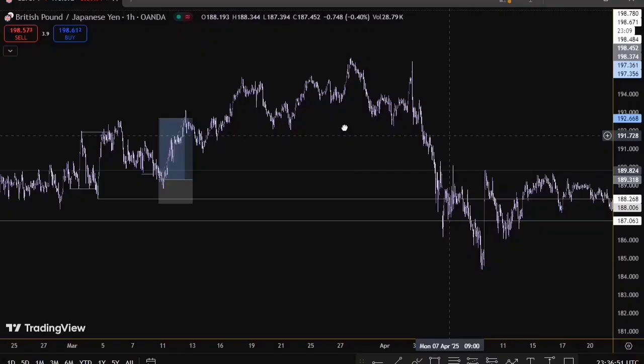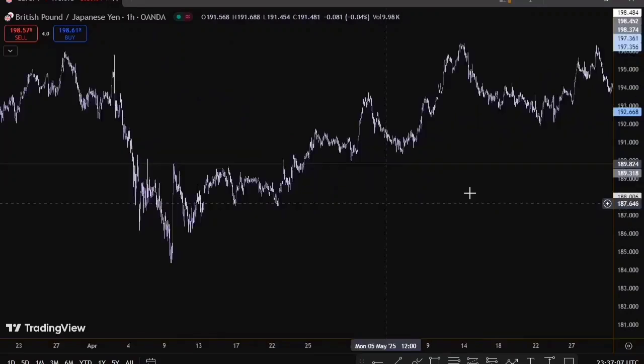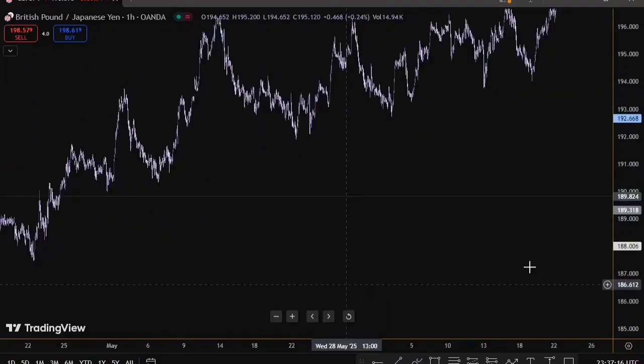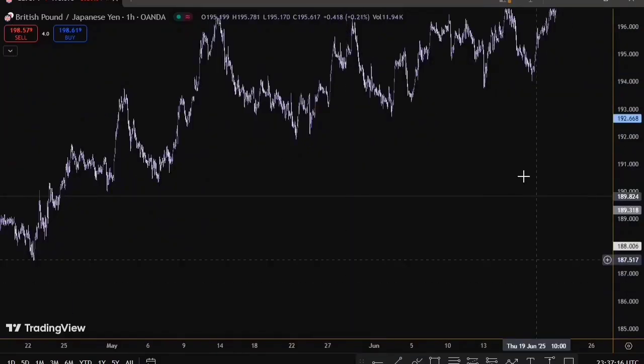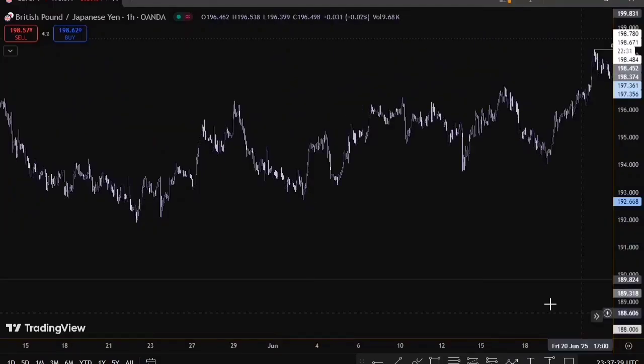Okay, let me just take all these out. Okay, let's look for more price data. Okay, now we can see a very simple one here again as well.